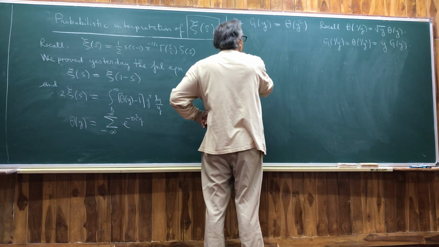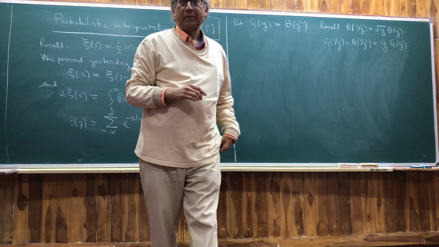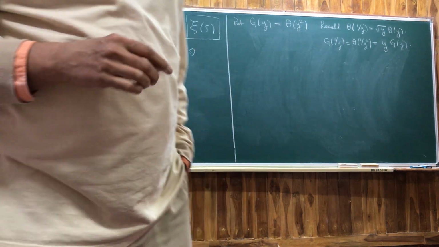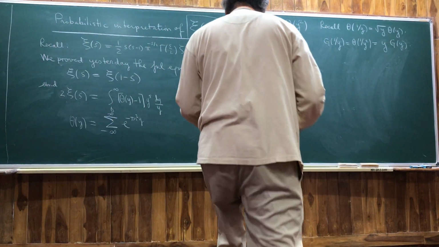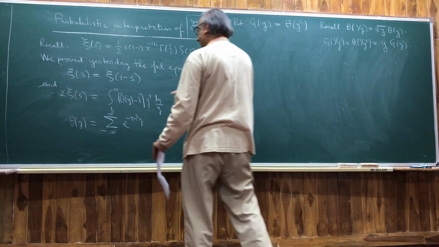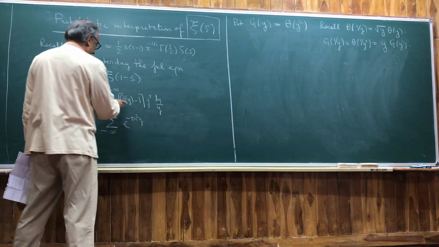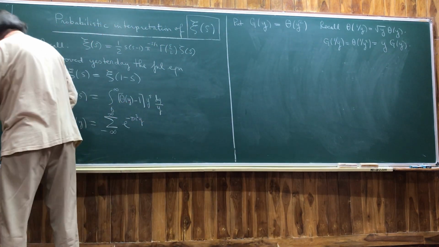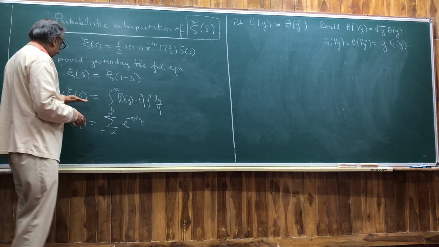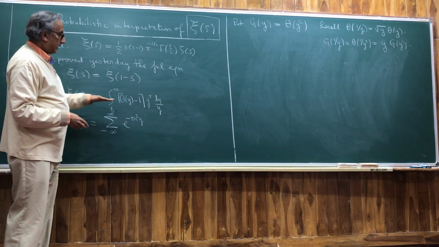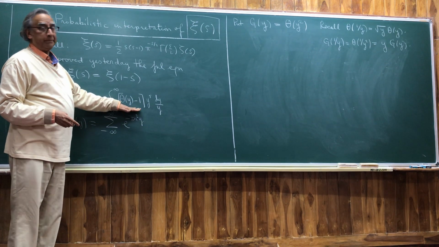What we will do now: if I change y to y squared in the formula, I can try to write C of S as a Mellin transform of the g function.